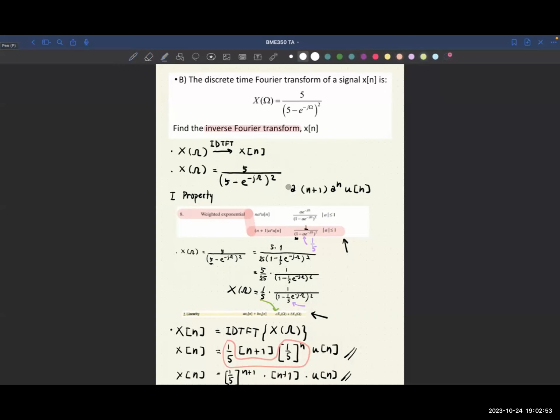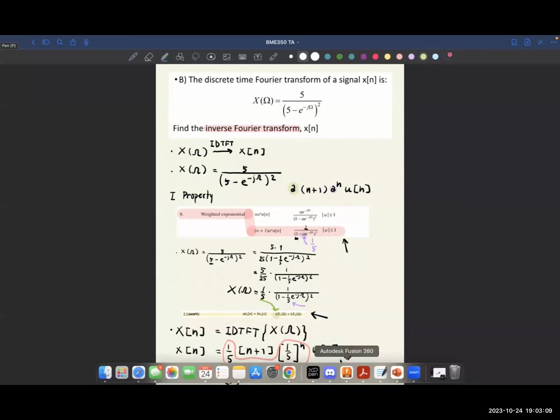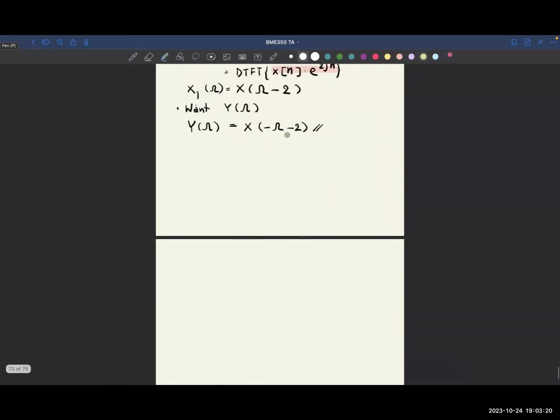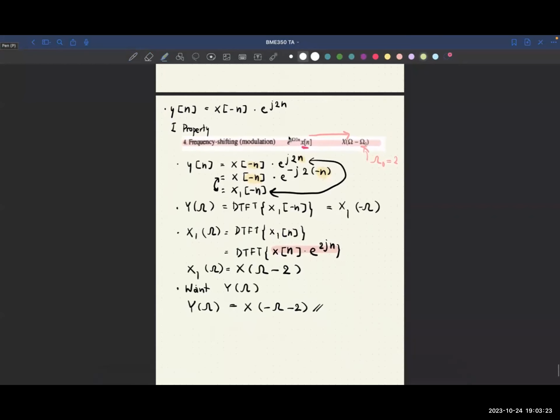Any more questions about this question? Okay, if you don't have questions on this part anymore, we can go back and try to do this question again, but with the time reversal property at once.